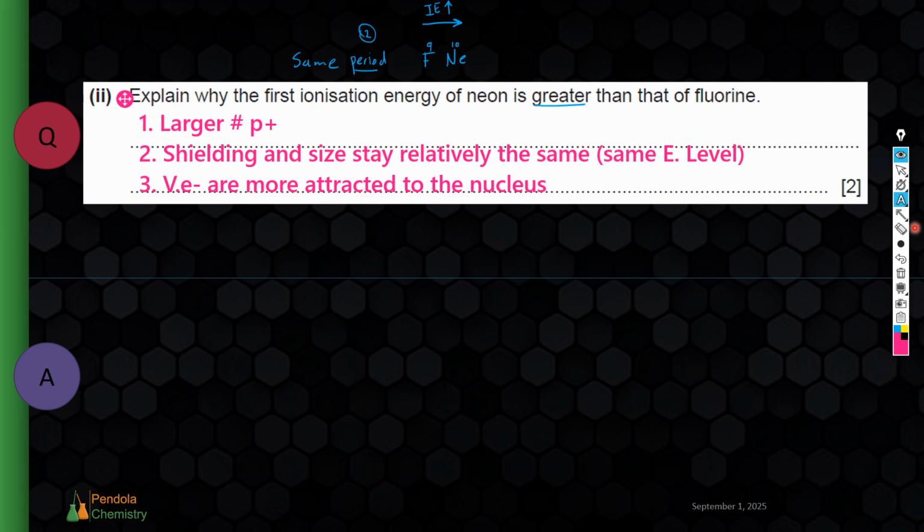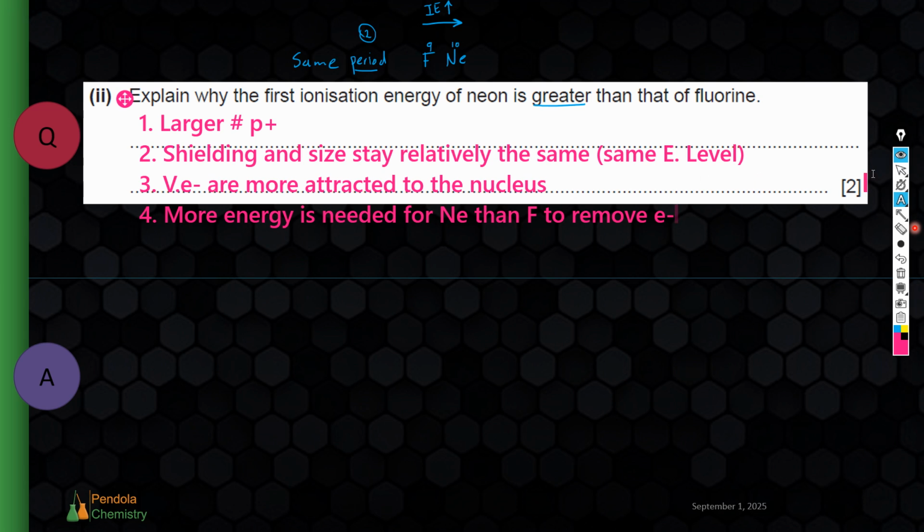So they have a large number of protons, shielding and size stay relatively the same, so the valence electrons are more attracted to the nucleus, which means, and then we wrap it all together, that more energy is needed for the element on the right side of the periodic table. For, say in this case, neon than fluorine to remove electrons.